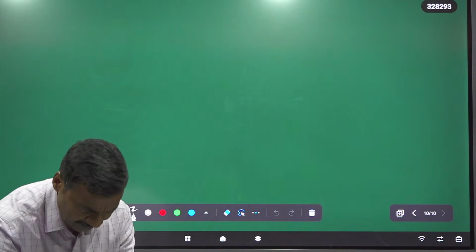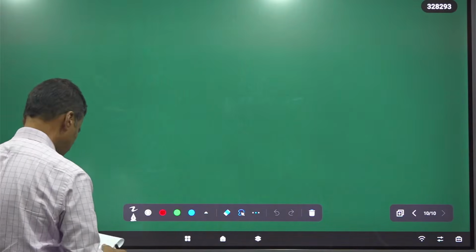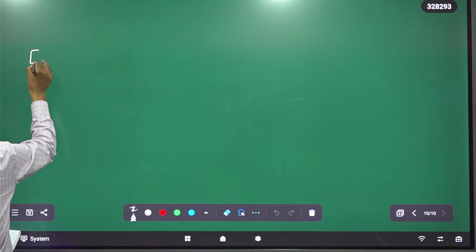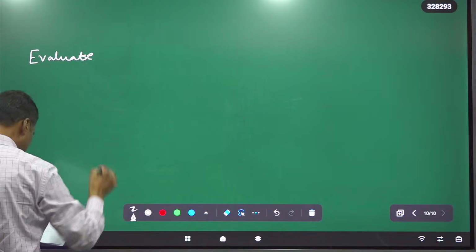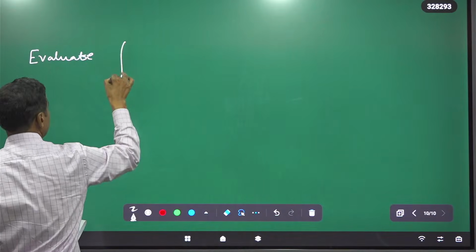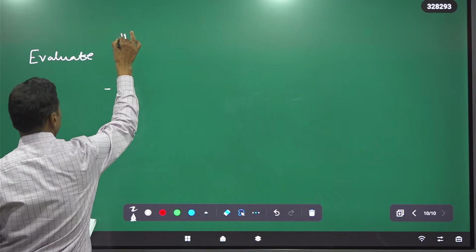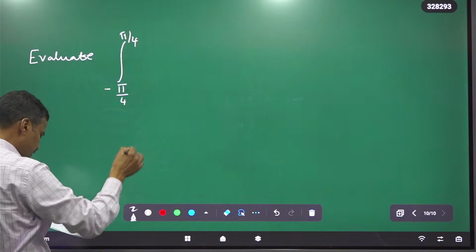Now we can take an example and evaluate the integral of minus pi by 4 to plus pi by 4.